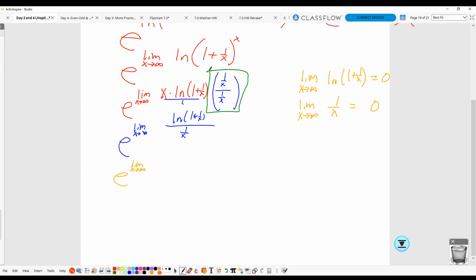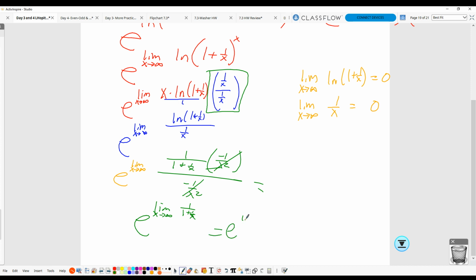Hey guys, hold on. Bell did not ring. I'm going to do the derivative of the top. 1 over that stuff times the derivative of that guy over the derivative of this guy. Those cancel. Now plugging in infinity, this becomes e to the limit as x goes to infinity of 1 over 1 plus 1 over x. 1 over infinity is 0, so this limit evaluates to 1, so this whole thing comes out to e to the first.